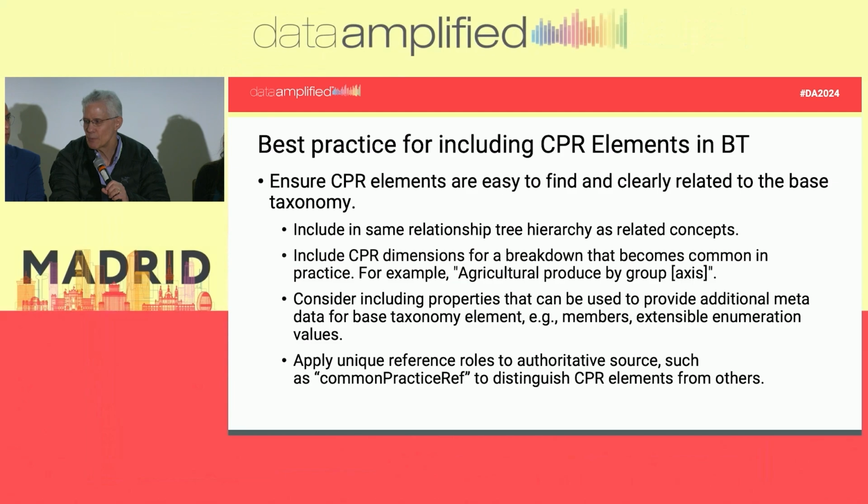And then we also apply unique reference roles. Both the US GAAP taxonomy and the IFRS taxonomies, as examples, include unique reference roles that distinguish between common practice concepts and those that are required by the underlying disclosure. And so that's another way to help distinguish between those CPR elements and those that are more explicitly linked to the disclosures.